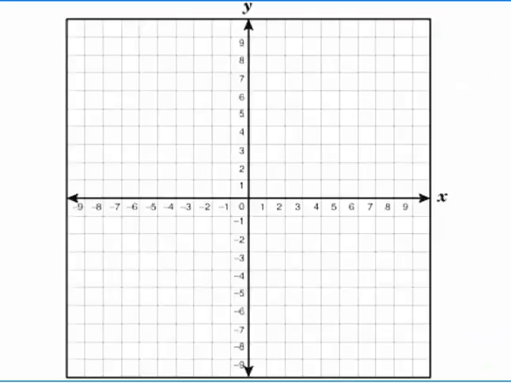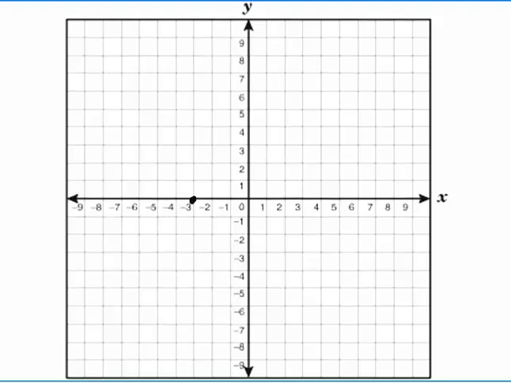Okay, now that we have our points from our table, we can plot them. Our first one, x is -3, and y is 0, so it's going to be right on our x-intercept line. Our next point is x = -2, and y is 1.